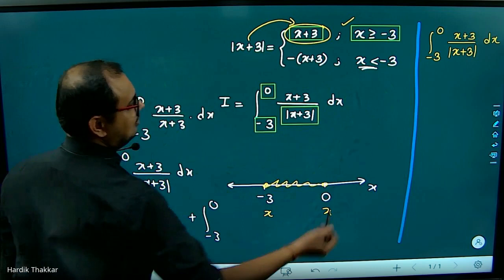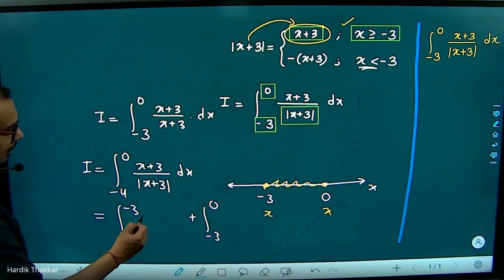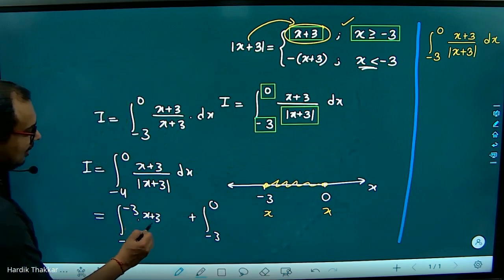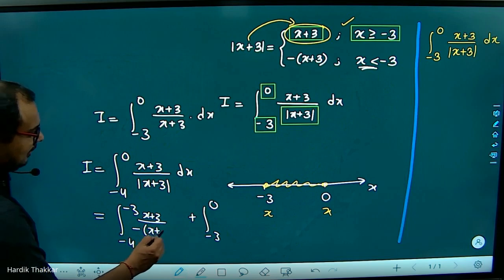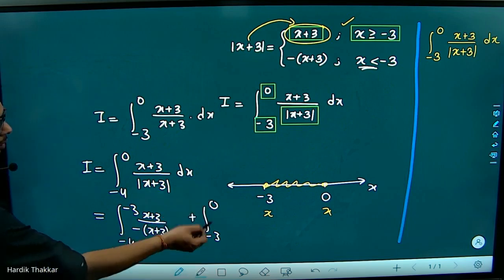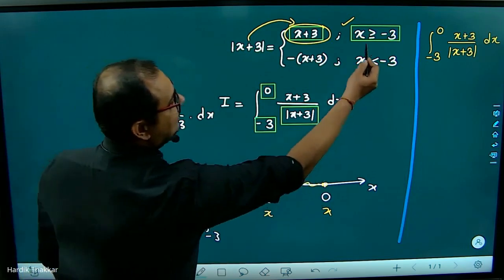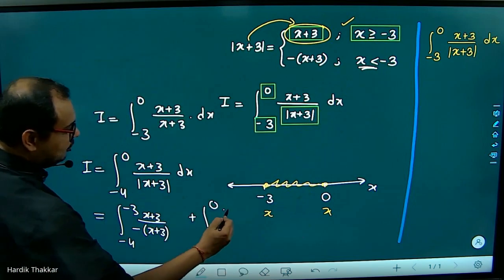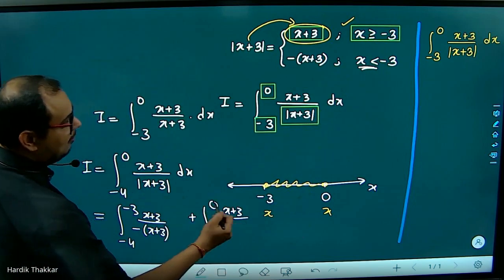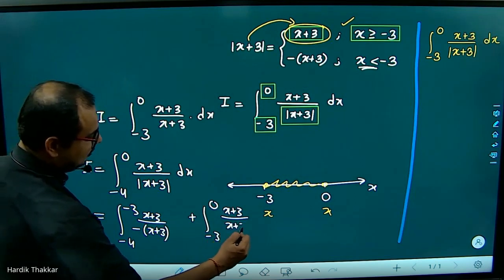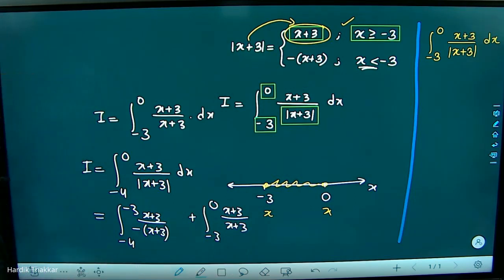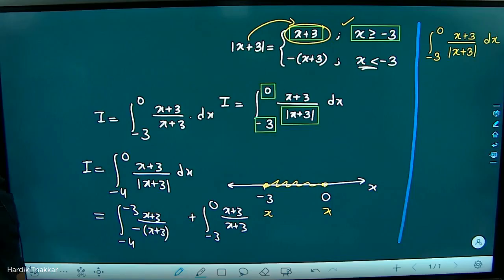So for this interval, we will replace the denominator with minus of x plus 3. And for this next interval, minus 3 to 0, x is greater than minus 3. So we will replace the denominator with positive x plus 3. Correct? You got this point or not? Kindly confirm. Yes, sir. Understood now.